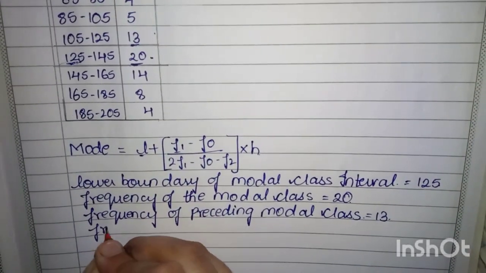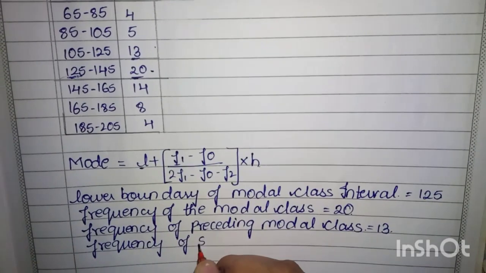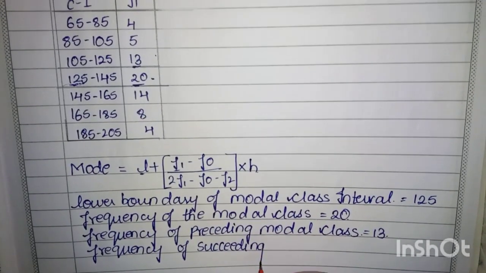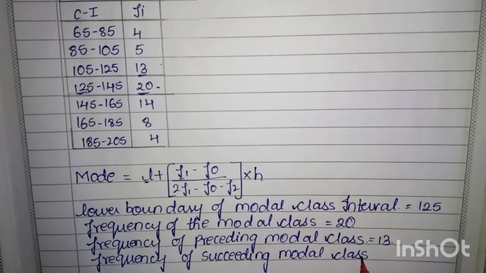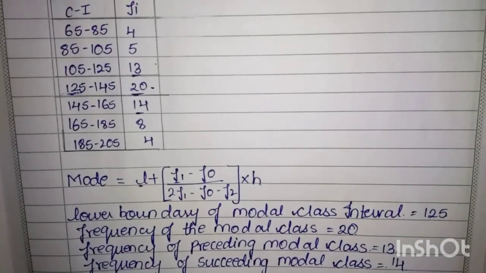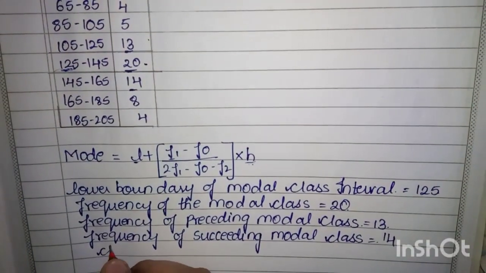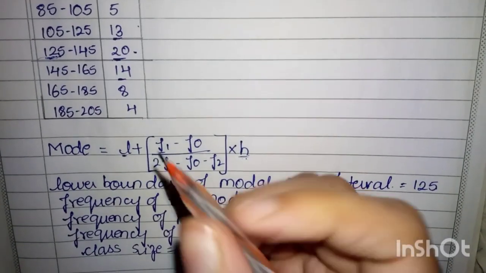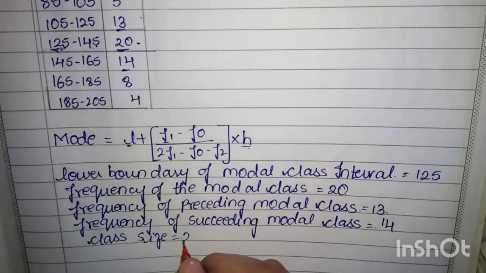F2 is the frequency of the succeeding modal class, which will be equal to 14. Okay, next we need the height. Height is the class size. So class size is nothing but the difference between these two values. So the difference is 20.